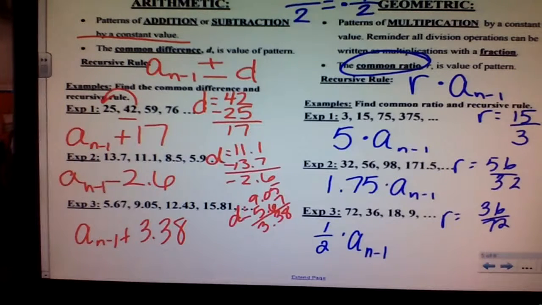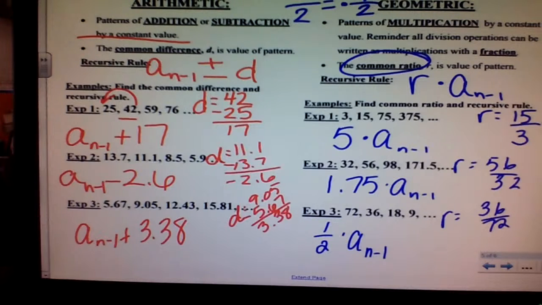If you have geometric or arithmetic, I need the recursive rule and the next 2 terms. Just like we did here, where I gave you A sub n minus 1 plus 17. That's your recursive rule, and then give me the next 2 terms that would come in my sequence.